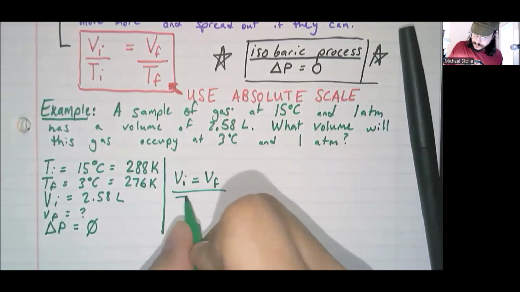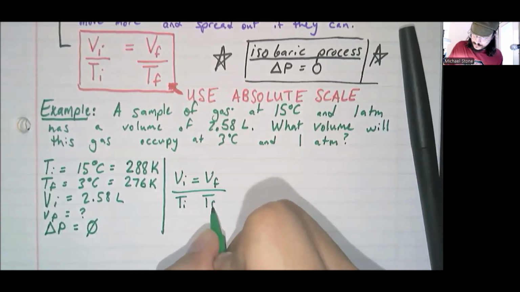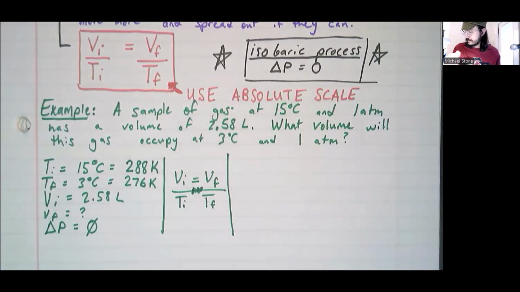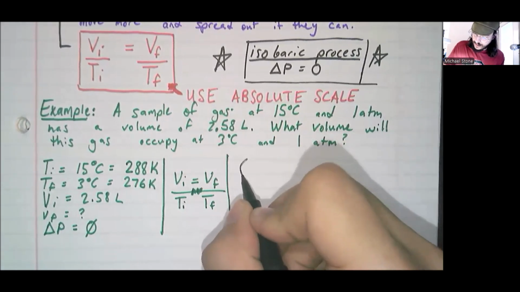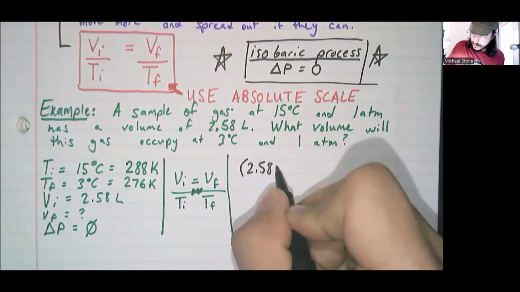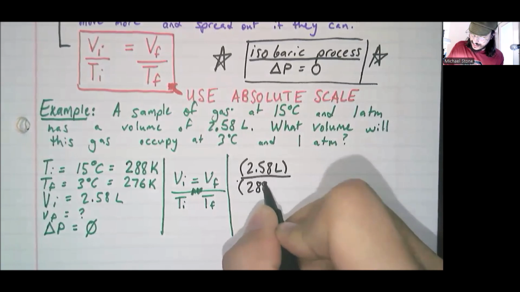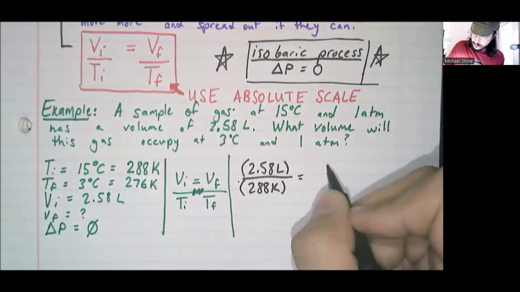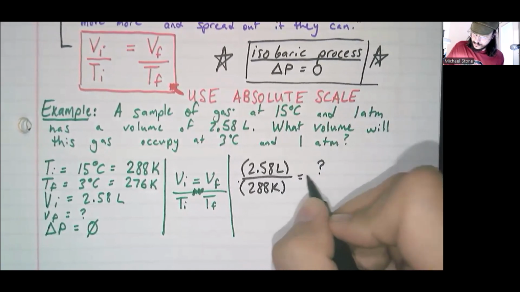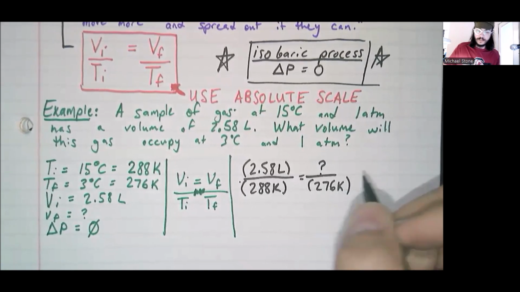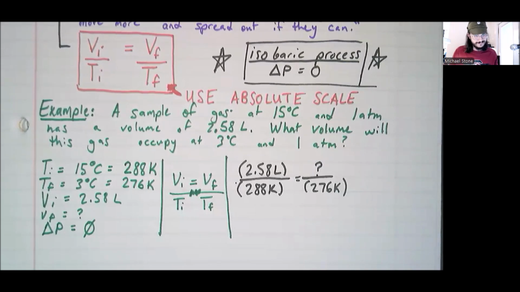V_i over V_f, T_i, T_f. That shouldn't have connected, but don't hold that against me. Plug in your values. 2.58 liters divided by 288 Kelvin equals, I don't know, divided by 276 Kelvin. Pump the brakes.